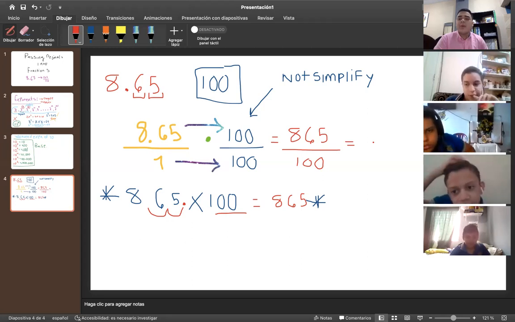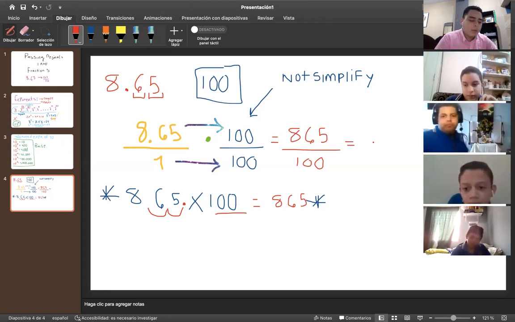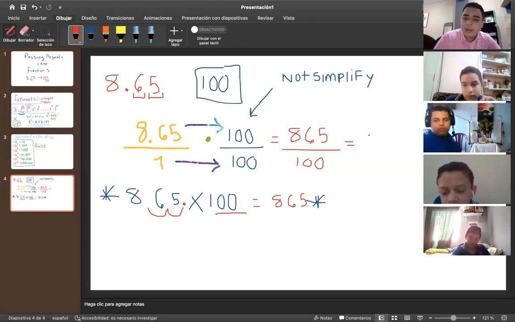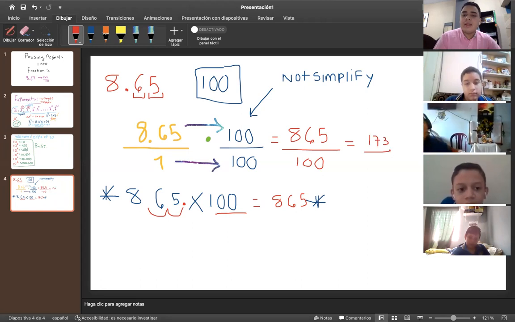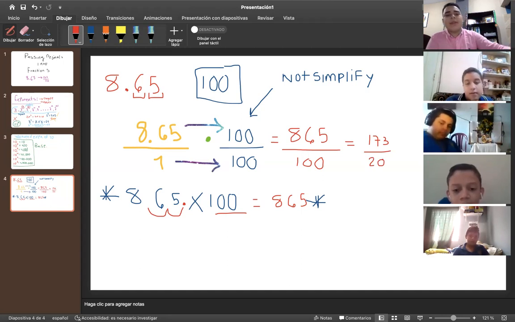If we divide both numbers by 5, we are going to have 865 divided by 5, which is 173. If we divide 100 by 5, it's going to be 20. Now, can we continue simplifying this, guys?